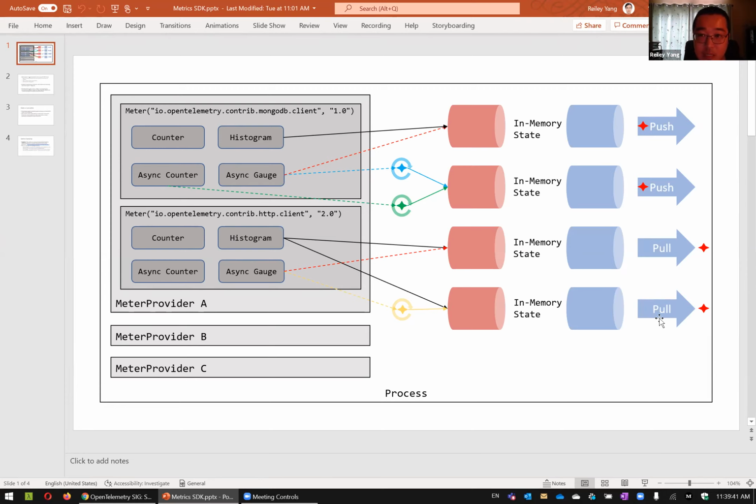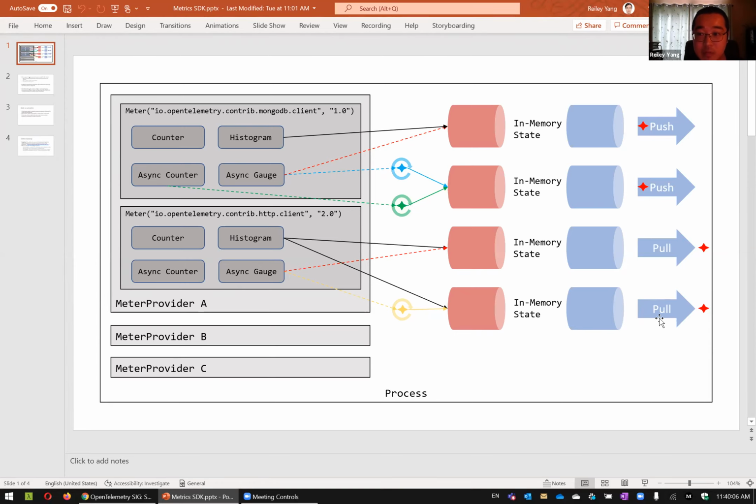But for now, I want us to focus on only being able to support push and pull multiple exporters in the same process on the same meter provider. Whether the instrument can sample at a different rate, this can be added later. And here goes why. Because today, if you're saying, I want to push, then I'm going to call the callback function from async instruments.